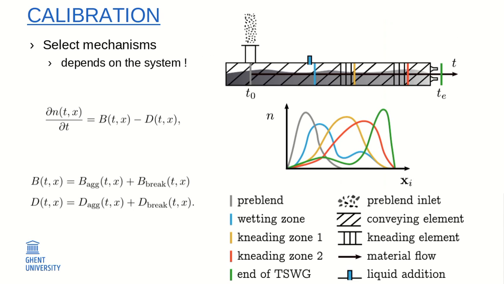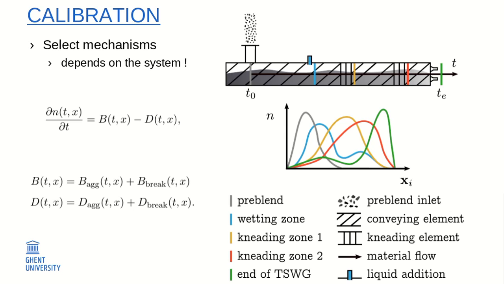More specifically, we will be looking at this unit operation, the twin screw wet granulator. It transforms a dry powder into larger wet granules. The co-rotating screws make sure that everything is well mixed on the cross-section of the system. In this application, the wet powder particles can stick together or break apart due to shear stress.